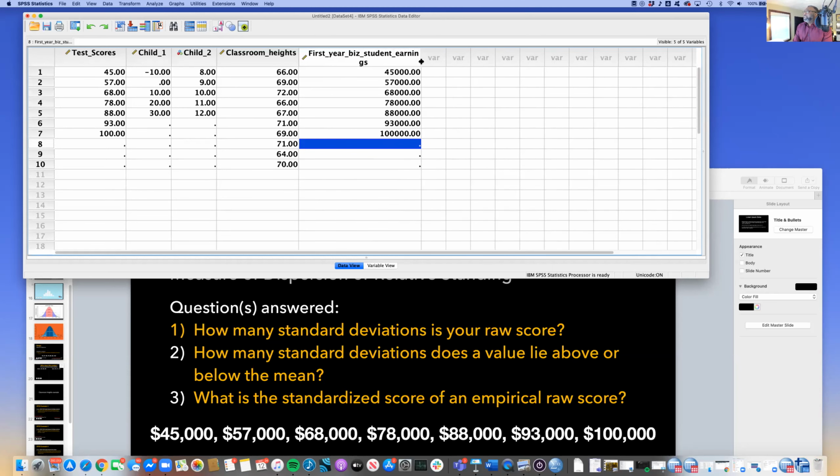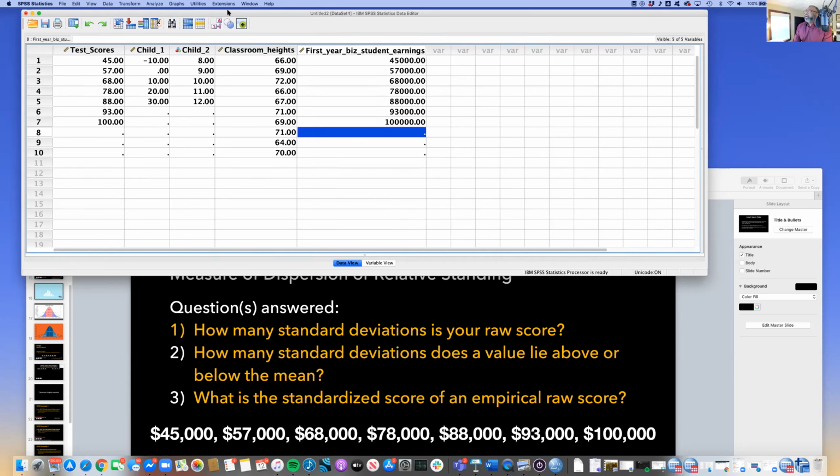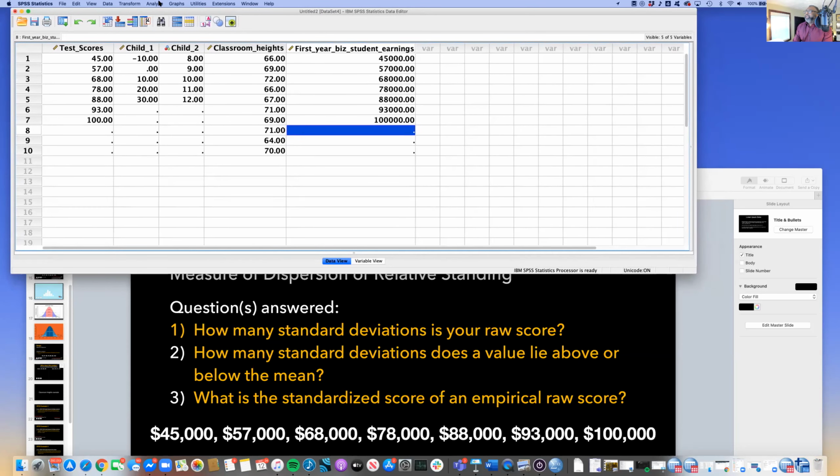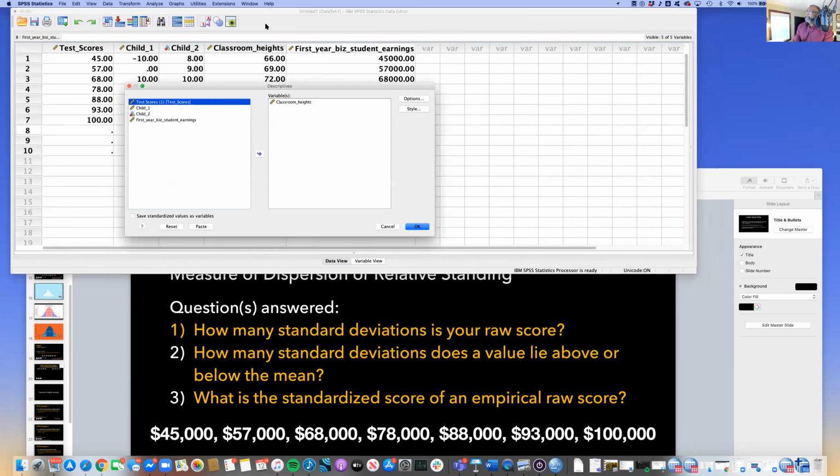So let's just do the basic measures of dispersion, just to get an idea of how these data are spread. Okay. So we're going to go to Analyze. We're going to go to Descriptive Statistics. We're going to go to Descriptives. I'm going to reset here.